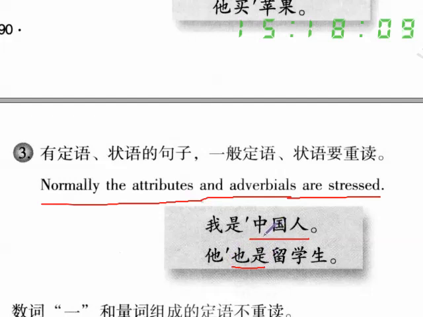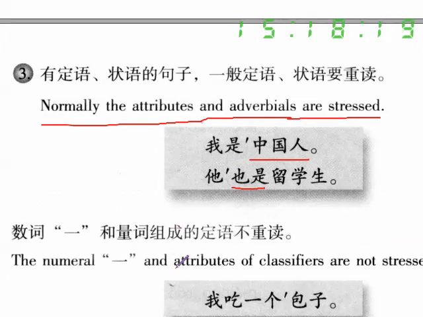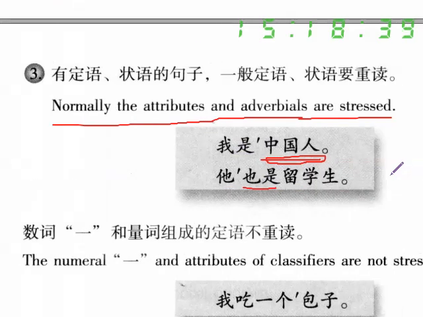Stress. 我是中国人。I think I am a Chinese. This Chinese is like English called a complement. Chinese also called complementary, but sometimes used with verb predicate.